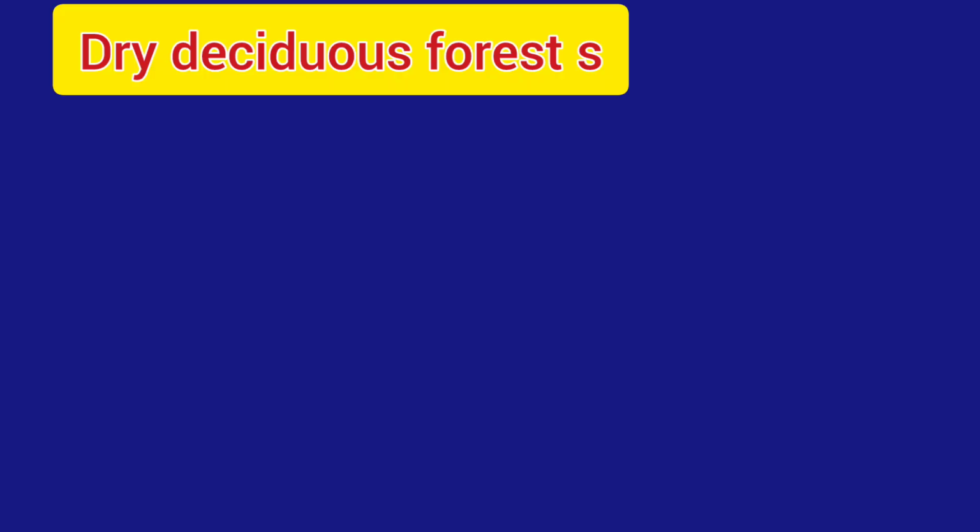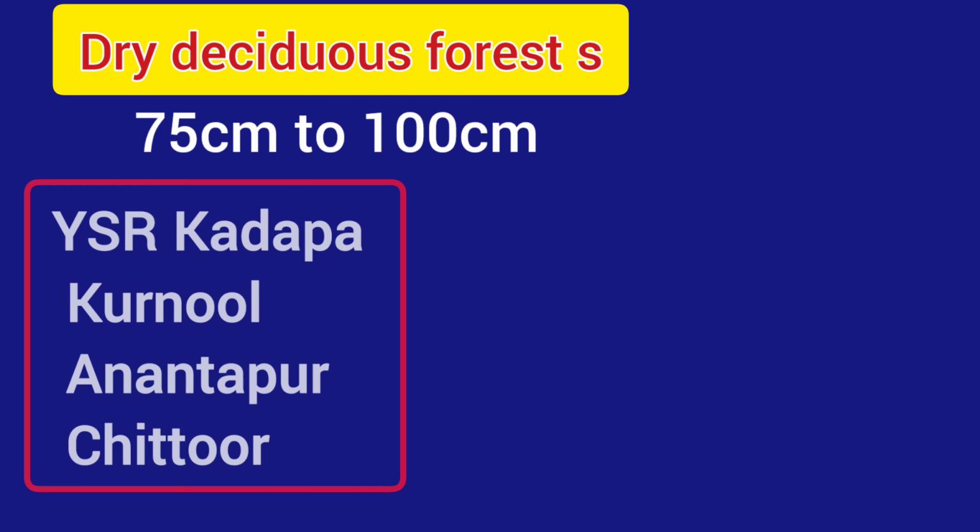Second one is dry deciduous forests. These forests grow in areas with rainfall ranging from 75 centimeters to 100 centimeters. They spread over the districts of YSR Kadapa, Kurnool, Anantapur and Chittoor.